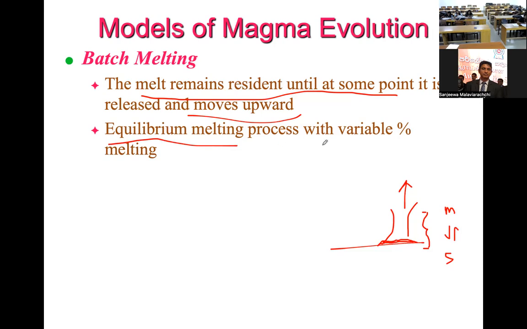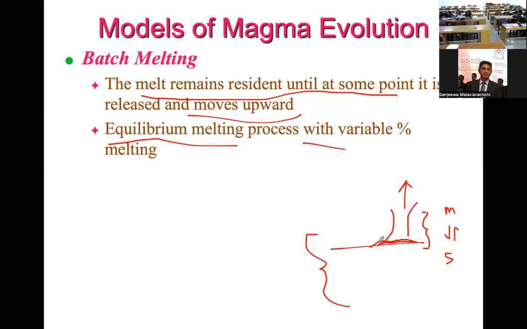The process can vary from a few percent to different degrees. We call it the degree of melting, and it depends on the physical conditions, that means the temperature and pressure conditions prevailing within this region. If the temperature increases further and further, then more and more melt will be produced.